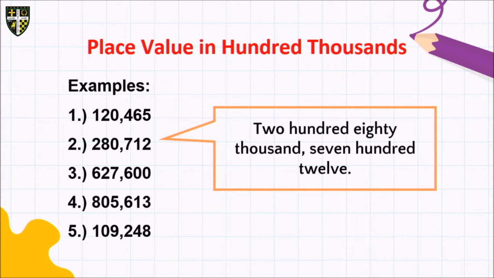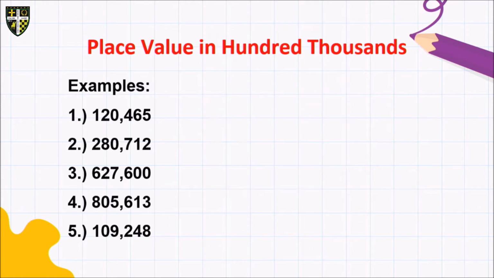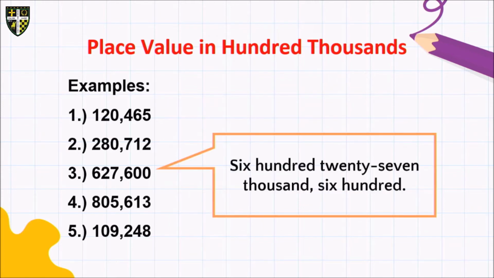Next one is 280,712. Again, the first letter when we are writing numerals into words is a capital letter, and then a comma for each period, and then a period or dot at the end. Next one is 627,600.